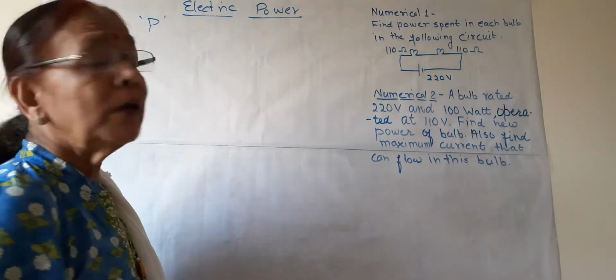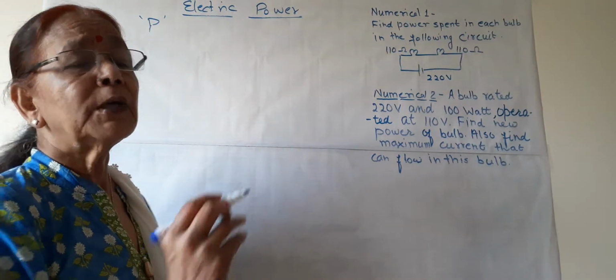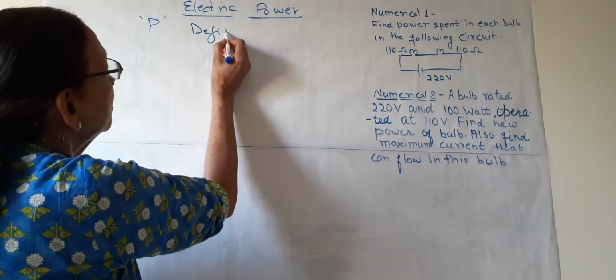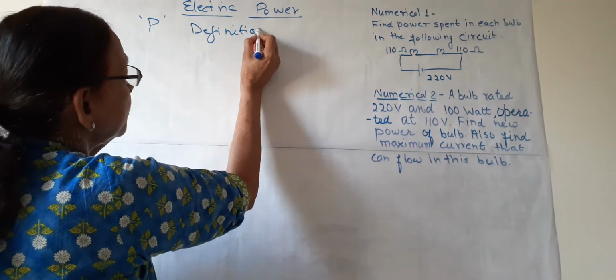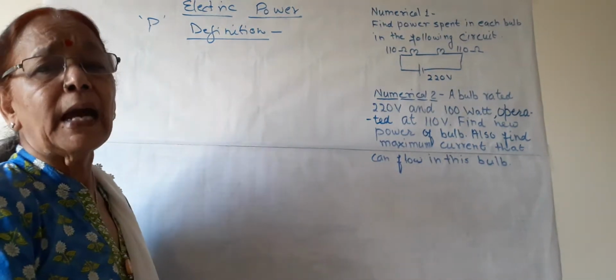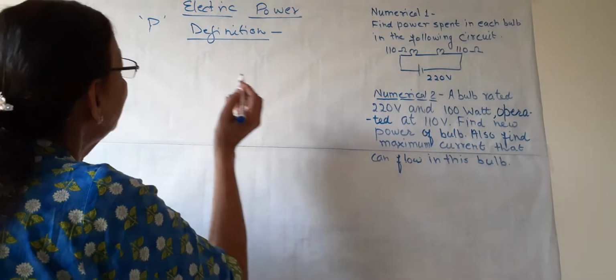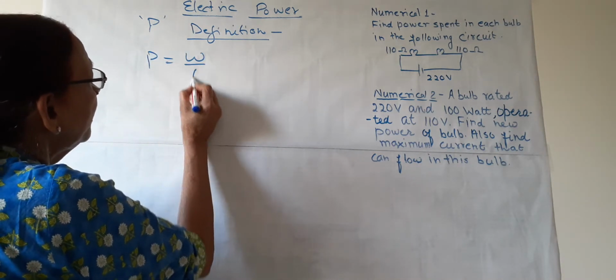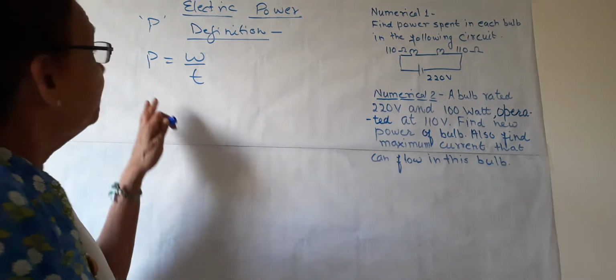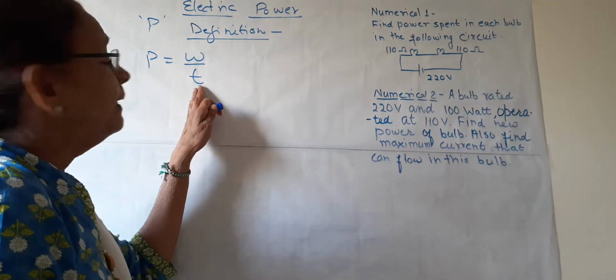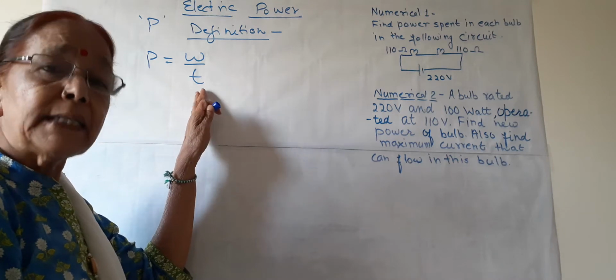First of all we will see what is the definition of power or electric power. We can write the definition with the help of the simple formula P is equal to W by T. P is power, W is work done and T is time in seconds.